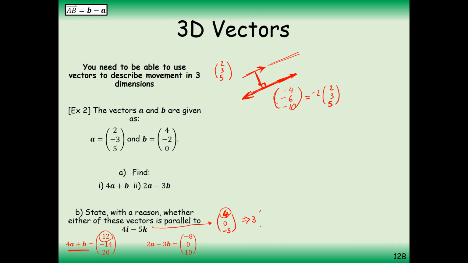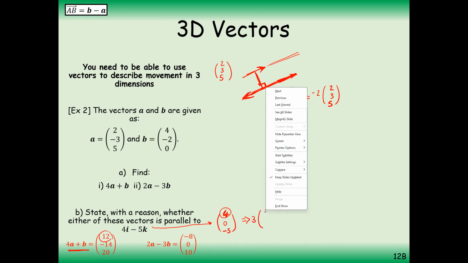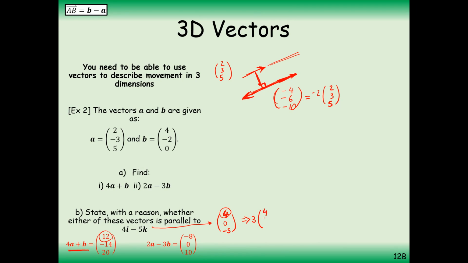If we multiply this vector by 3, we'll have 3 times 4, 3 times 0, and 3 times -5, which will give us 12, 0, and -15. Is this the same as vector 4a plus b? No, sadly, this is not the same as 12, -14, and 20.